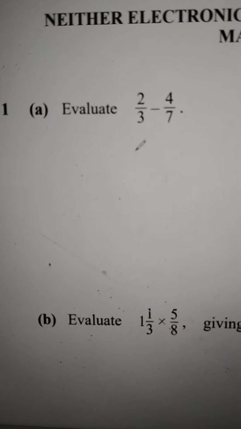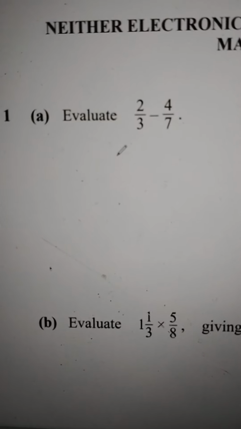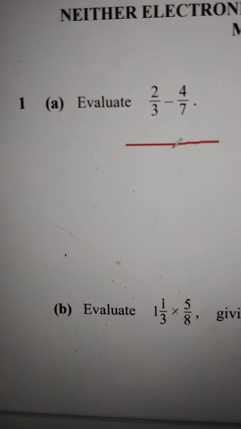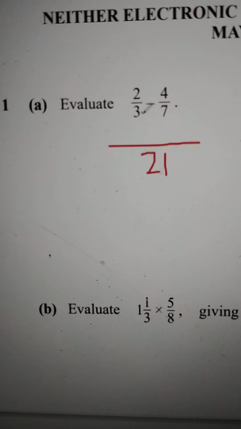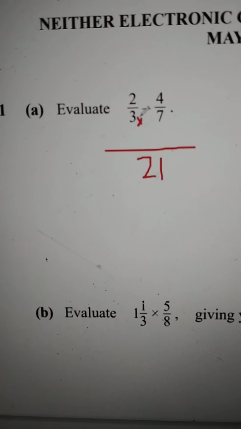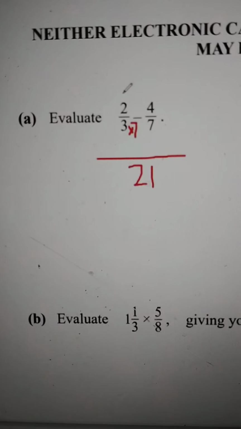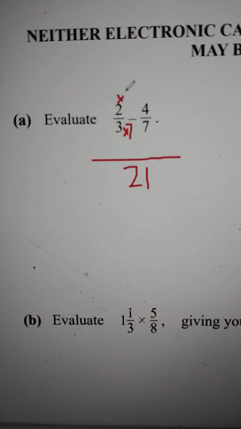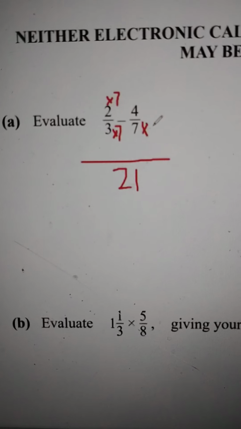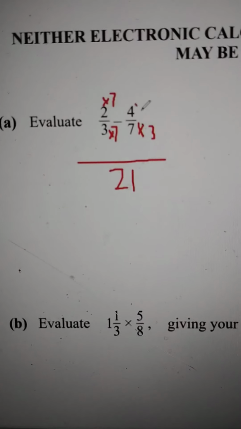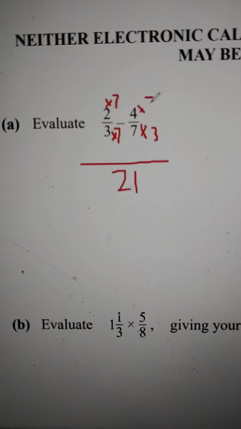2 upon 3 minus 4 upon 7. You'll be taking the LCM and then make the denominator the same: 3 times 7, 2 times 7, and 7 times 3, and 4 times 3.